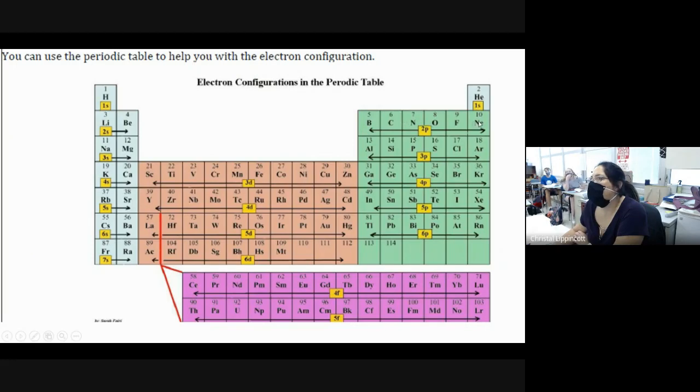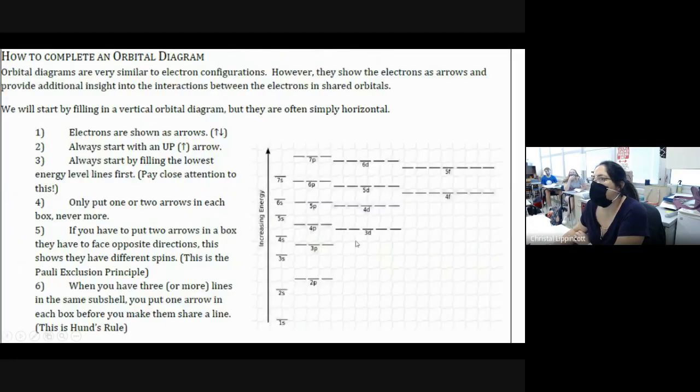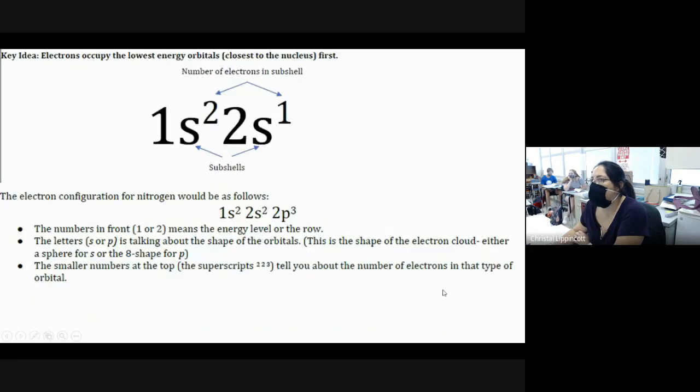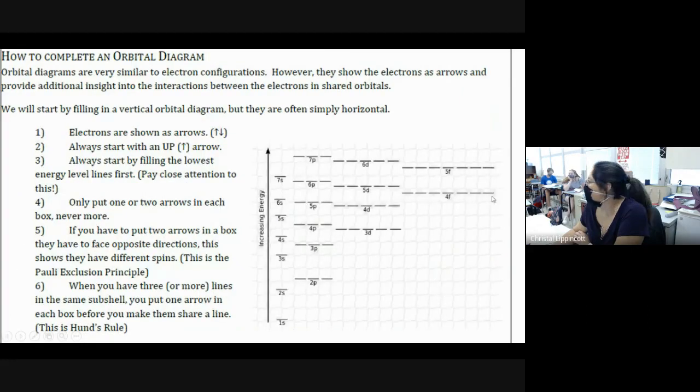So however many boxes there are, divide by 2. So for the P, if you take 6 divided by 2, that's how many blanks you're going to need for your P level. For D, there's 10 across here. So 10 divided by 2 is 5. There's 14 here, so that's 7. So that's how they get these 7 blanks.